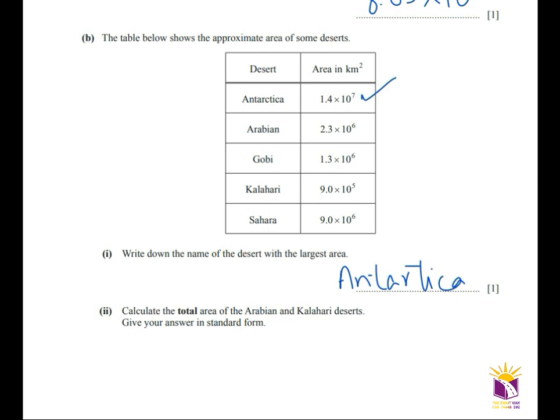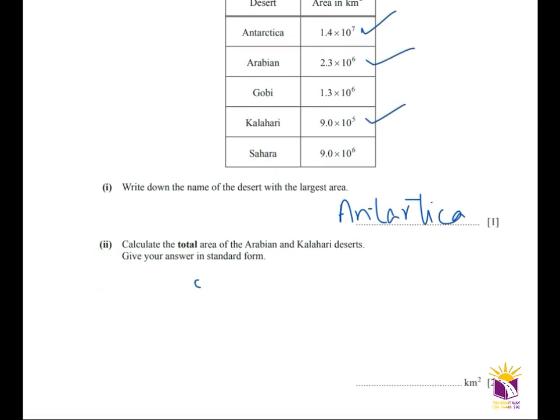Calculate the total area of the Arabian and Kalahari desert. So what are we going to do? We are going to add them. Which ones? Arabian and Kalahari. It will be 2.3 into 10 power 6 plus 9 into 10 raised to power 5.